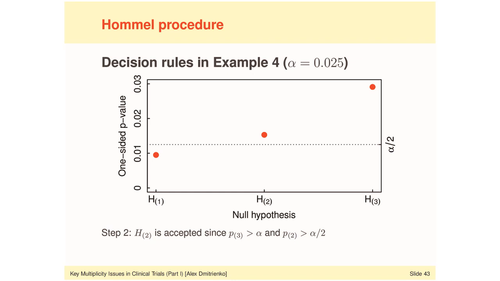This decision rule for rejecting the second hypothesis in the sequence depends on the associated p-value as well as the p-value that was examined in step number 1. In this particular case, we cannot reject the second hypothesis in the sequence because both of the p-values are above the appropriate thresholds.